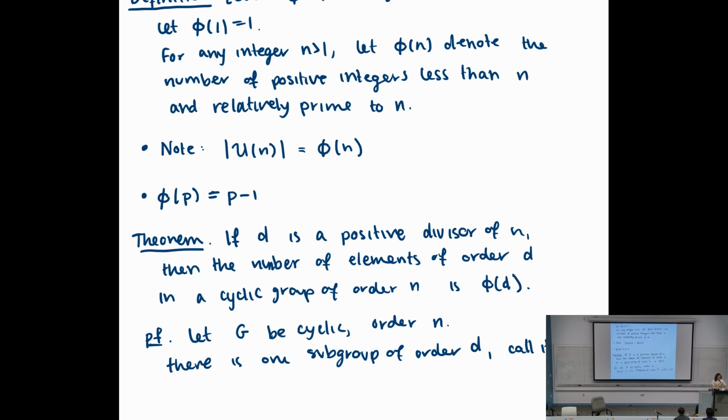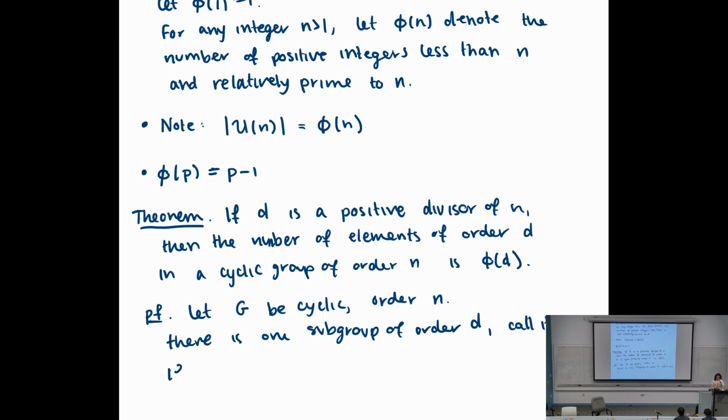And then if B is another element of order D, then the group generated by B is also a subgroup of order D, but since we only have one subgroup of order D, that means that it actually has to equal the subgroup generated by A.